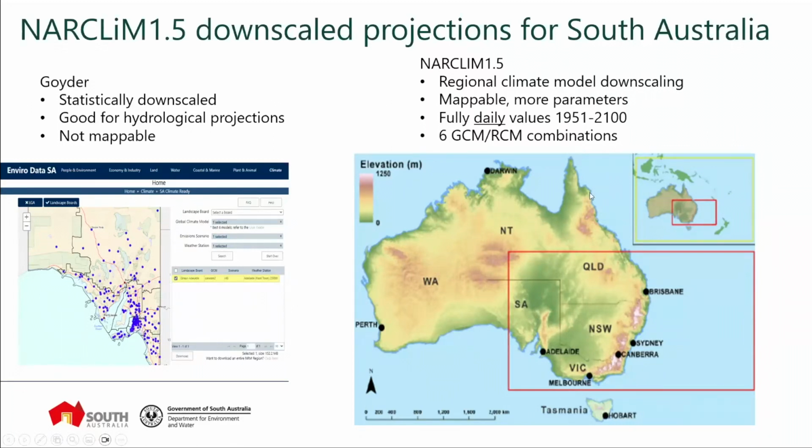I've been working on this NARCliM data set, NARCliM 1.5, which is downscaling to 10 kilometre resolution across this red domain and 50 kilometre more broadly, from global climate modelling for 6 global climate model and regional climate model combinations, and that produces daily values of rainfall and temperature with some bias correction in there as well, that go from 1951 out to 2100. So we get some useful data in that.